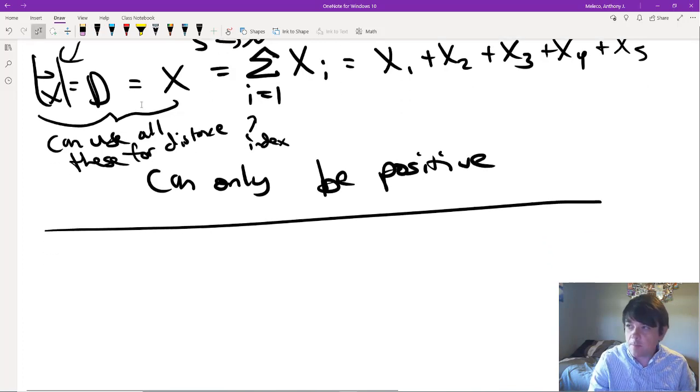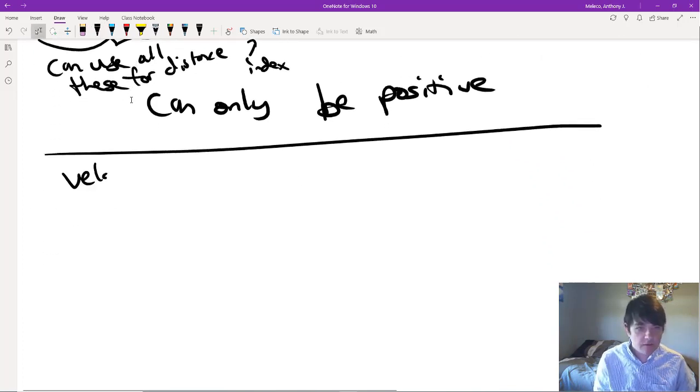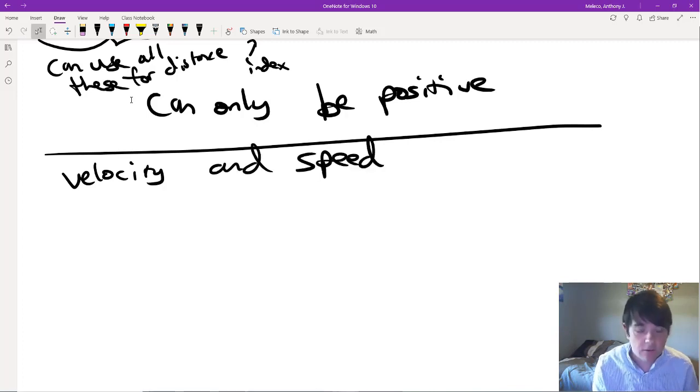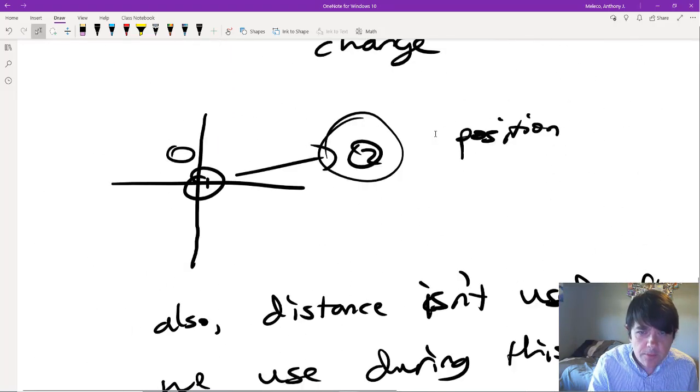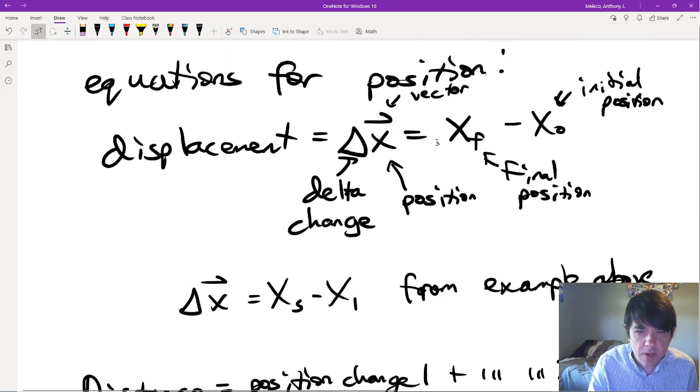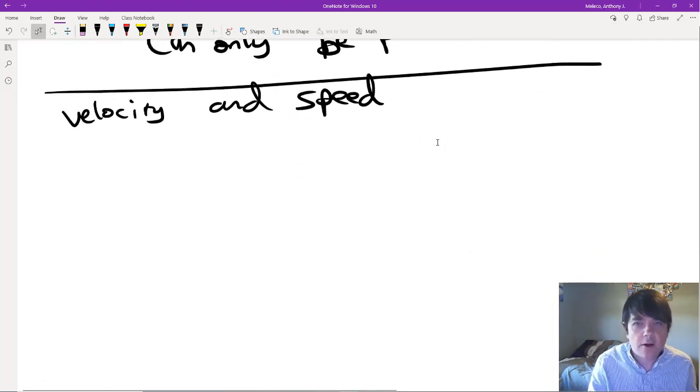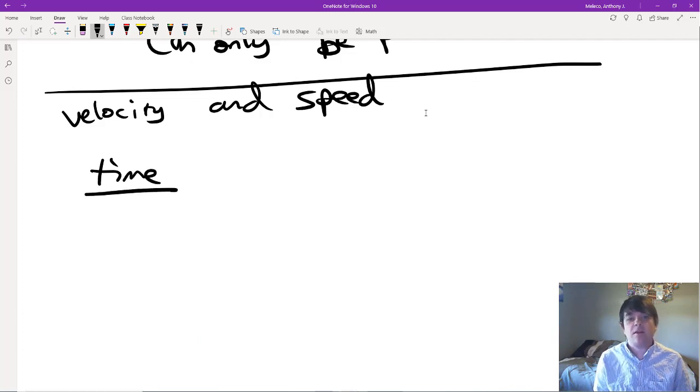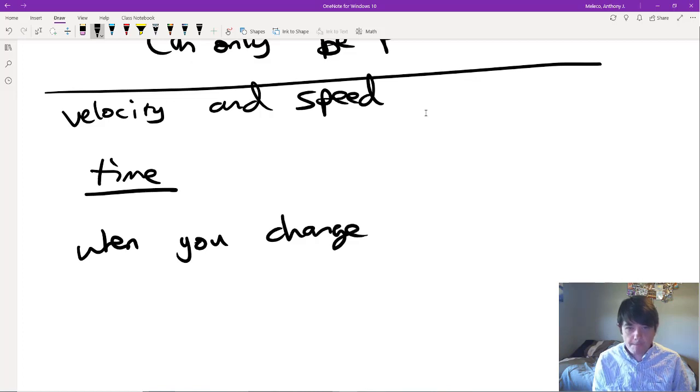So now we need to talk about velocity and speed. Okay? It's a related entity. We still need acceleration as well. So if you notice, when we were talking about position, there's one major term that came up. One thing that's required of something changing position, and that would be time. Okay? We didn't say anything about time. So when you change position, time elapses.